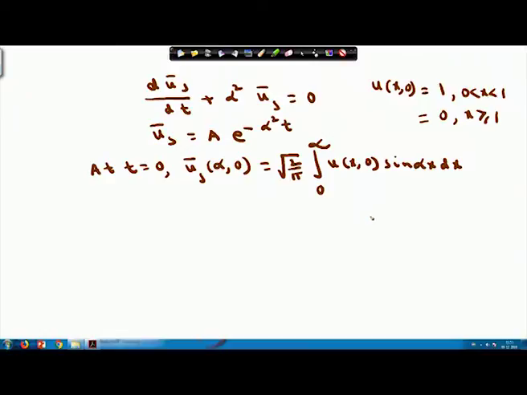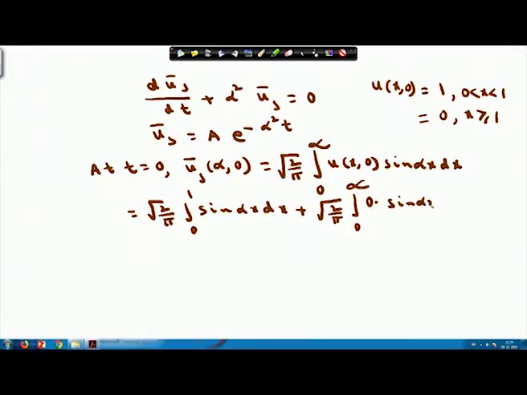Therefore, I can break this integral into two parts: root over 2 by pi, integral 0 to 1, where u x 0 is 1, so you obtain sine alpha x dx, plus root over 2 by pi, integral 1 to infinity, where u x 0 is 0, so it will be 0 into sine alpha x dx. So this second term vanishes.